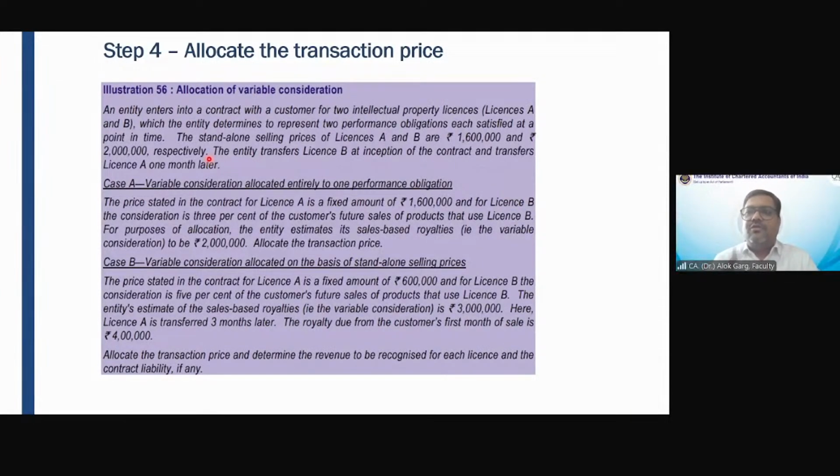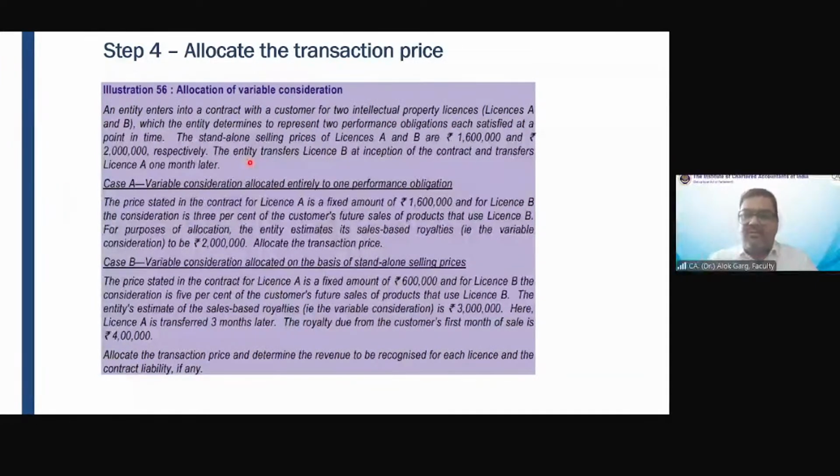Okay, so we discussed the allocation of discount and allocation of variable consideration. Now let's discuss illustration number 56, which talks about allocation of variable consideration. An entity enters into a contract with a customer for 2 intellectual property licenses, Licenses A and B, which the entity determines to represent 2 performance obligations, each satisfied at a point in time.